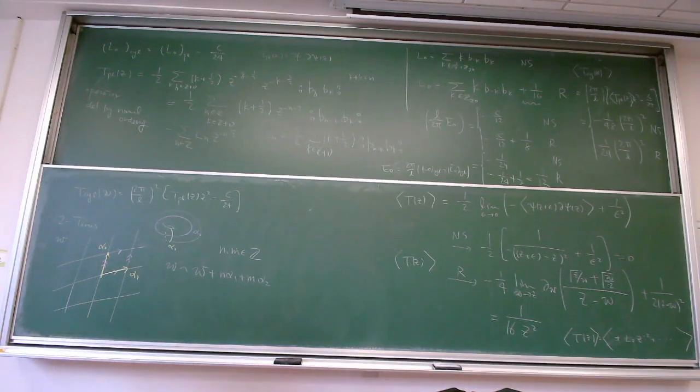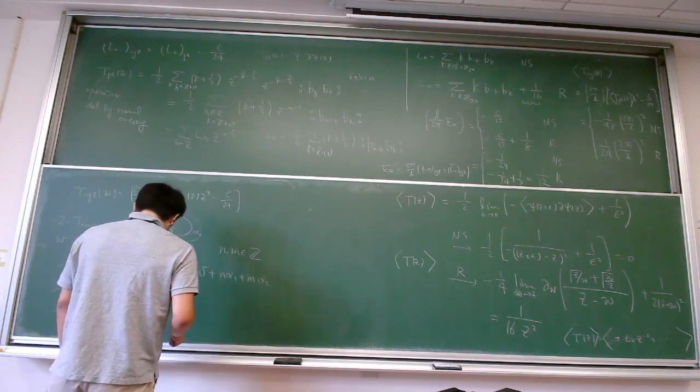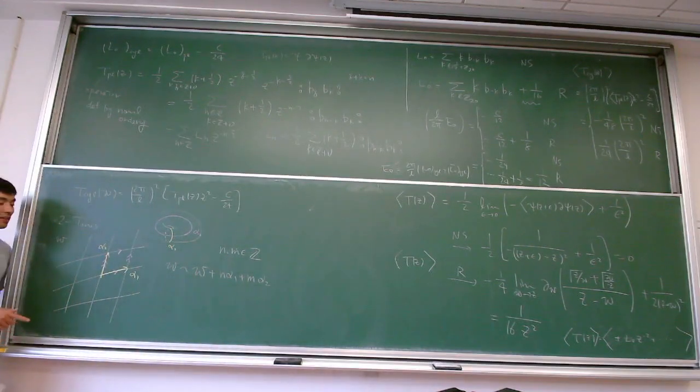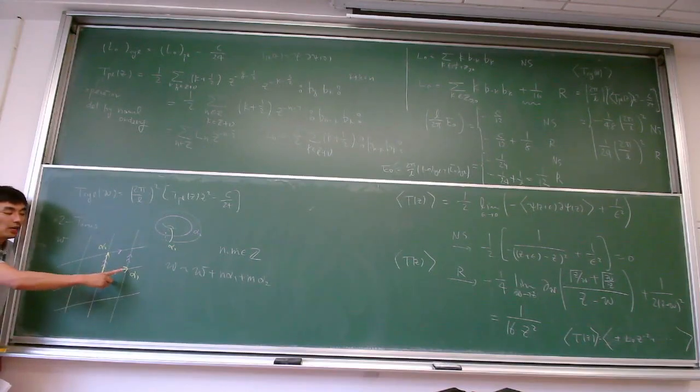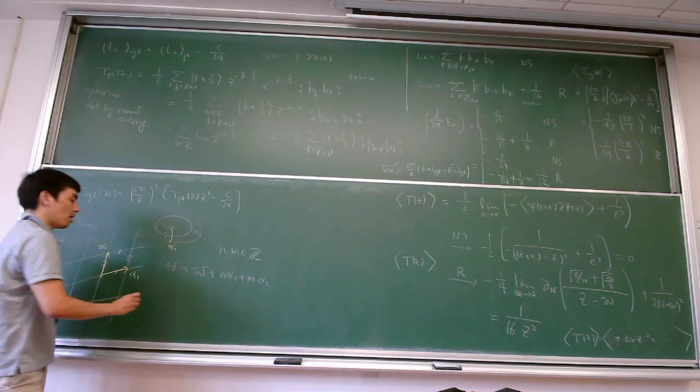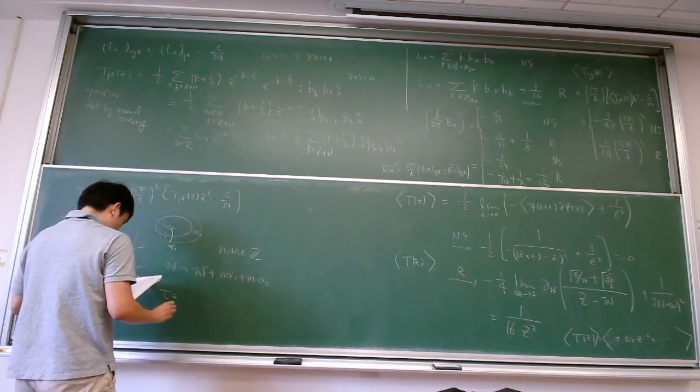And now we just consider some ratio. If you consider only the shape of the torus, without loss of generality, alpha 1 can be set to 1 in the complex plane. And take the ratio, tau equals alpha 2 over alpha 1.